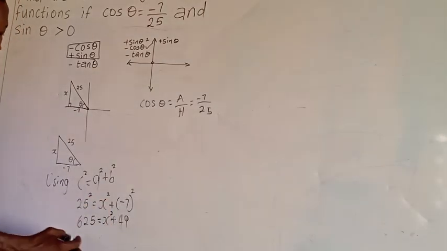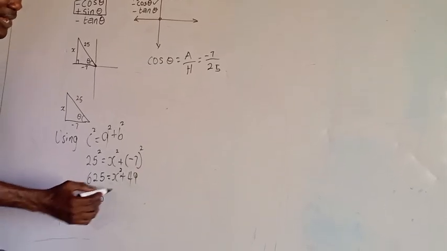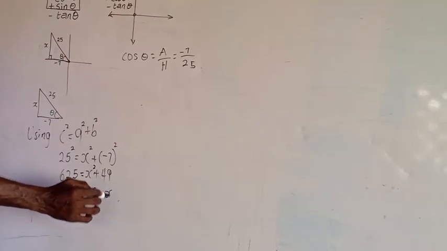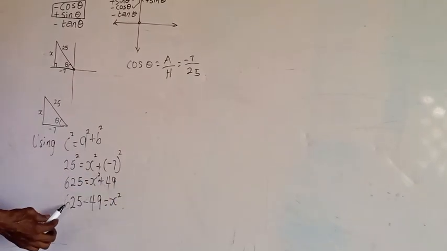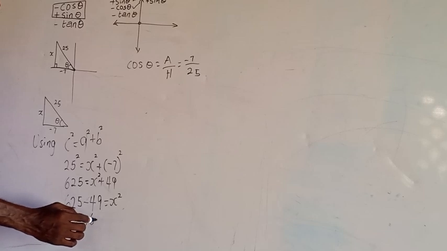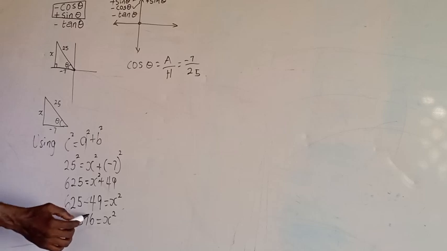The next thing is to do collection of like terms, which will leave you with 625. When you bring this one to this side, you have -49. Everything equals x squared. Now, 625 minus 49 is going to give you 576. Everything equals x squared. Now, x squared equals 576.